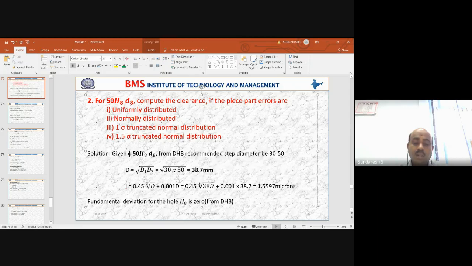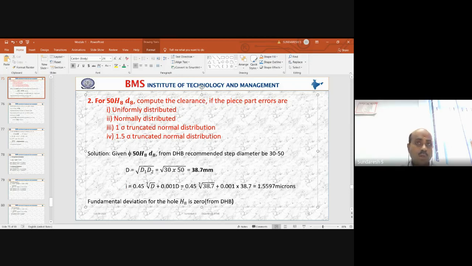First you have to calculate D. Why do we want to calculate D? Because we have to get the value of I, which is the tolerance unit.